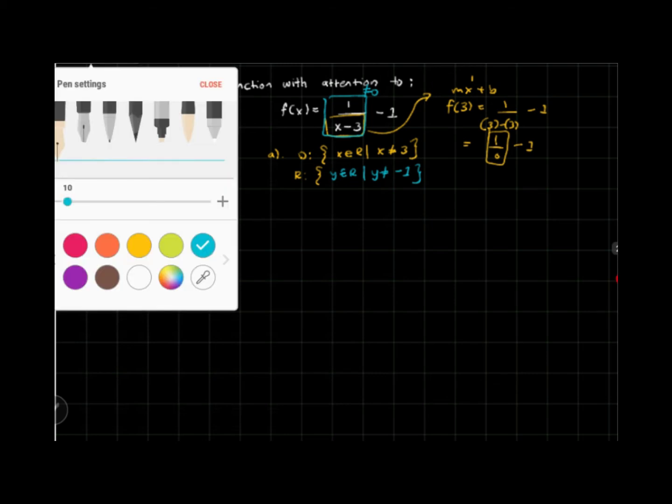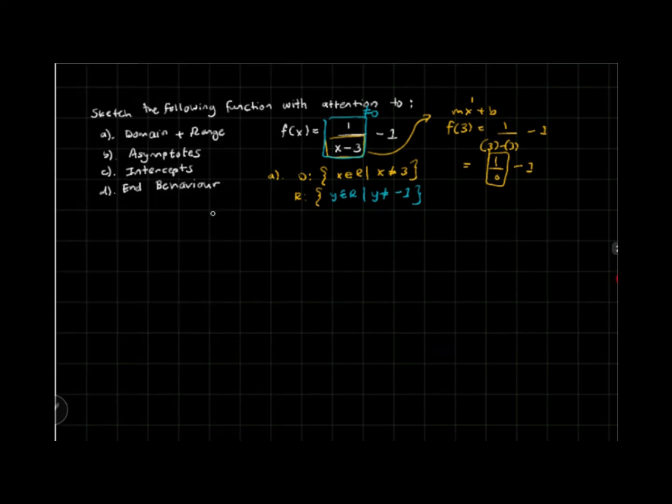Now, the next thing we want to do is look at asymptotes. The restriction on the domain represents the vertical asymptote. We know that asymptotes are basically points that don't actually exist on the graph, but the graph will extend towards infinity or a certain value, closer and closer to that point, right?